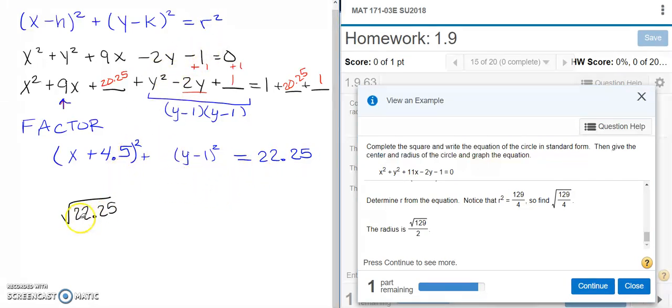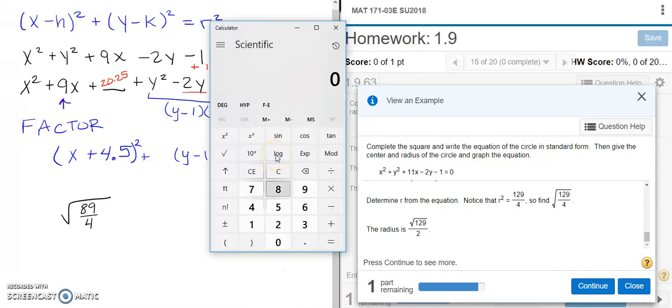So instead of doing the square root of 22.25, we're going to do the square root of 89 over 4. I just did that in my calculator. So 22.25 is the same thing as 89 over 4.